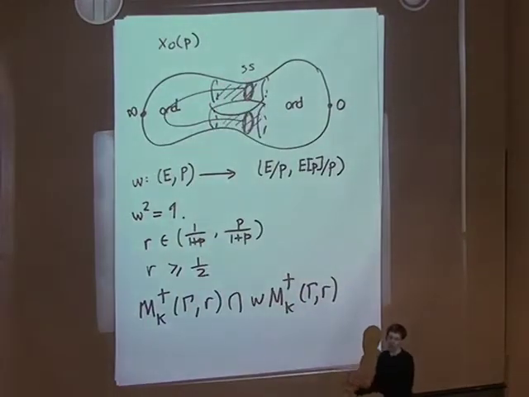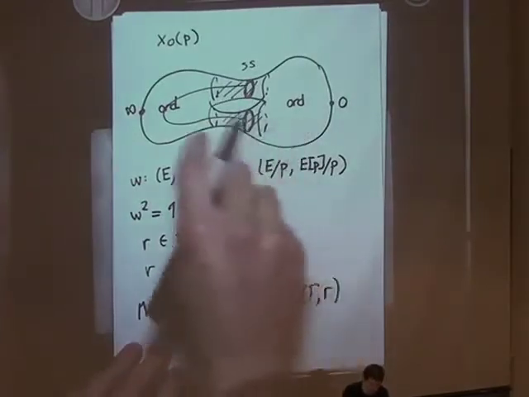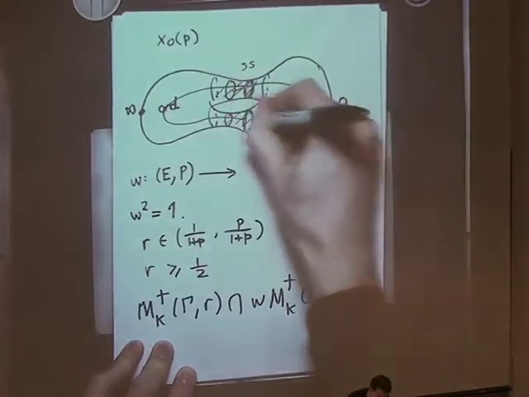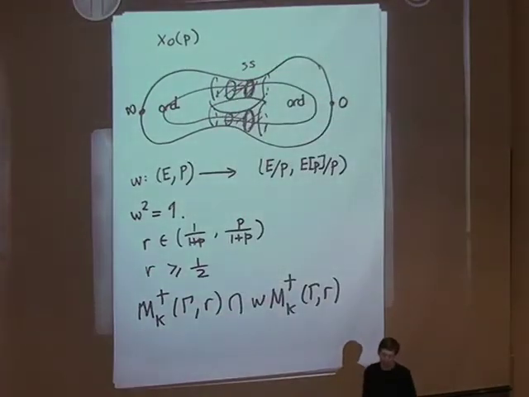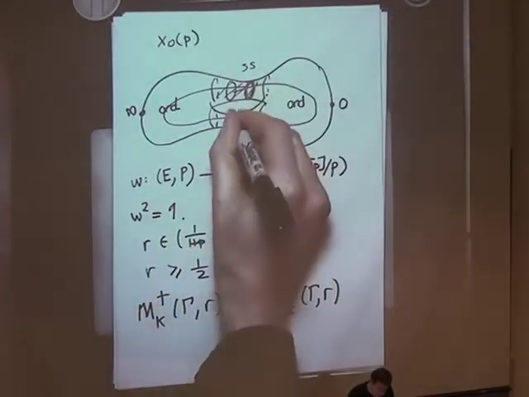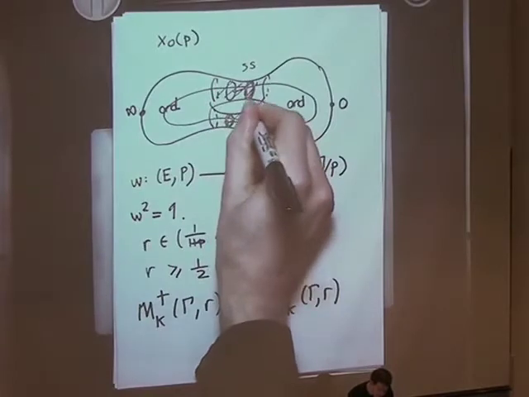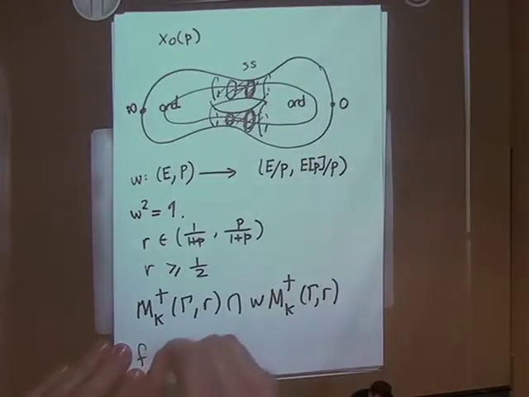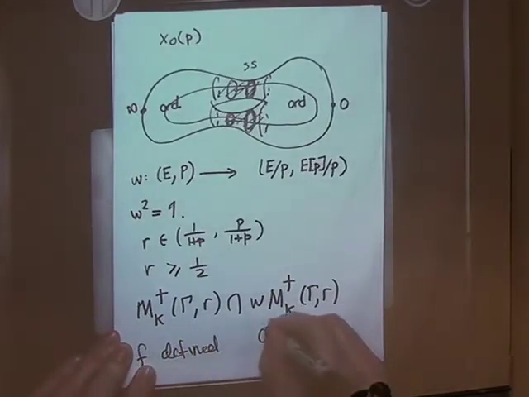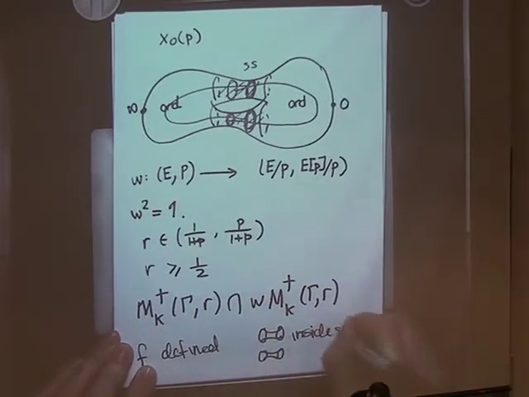On the other hand, if you apply the Fricke involution, if these disks are deep enough, you then get sections of the other side, and the intersection of these two spaces consists of functions that are only going to be well defined on these small annuli inside the supersingular region.